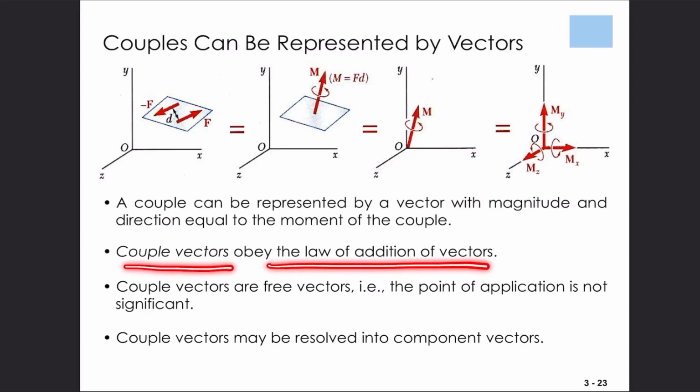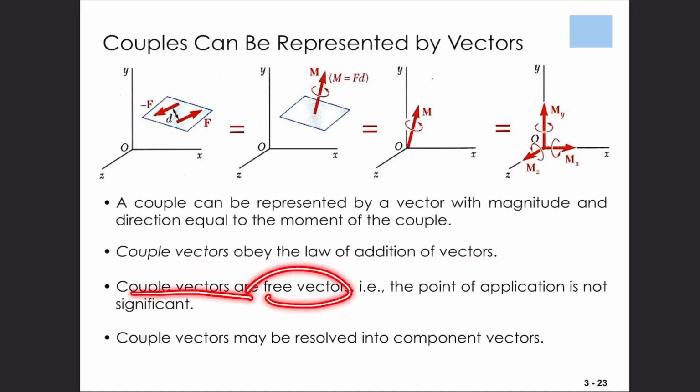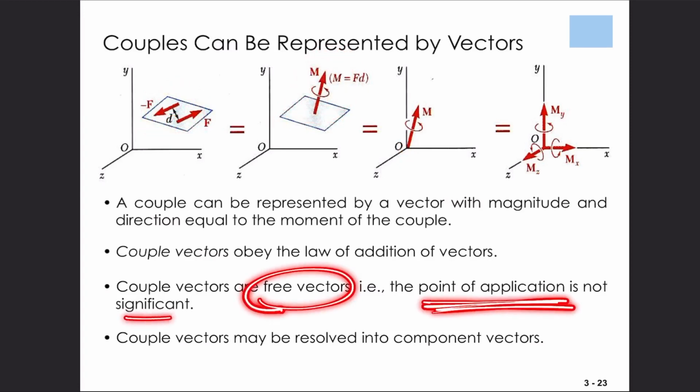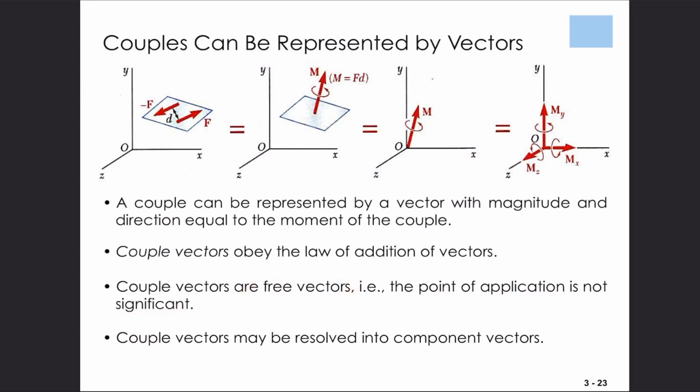Couple vectors obey the law of addition of vectors. Couple vectors are free vectors. Again, point of application is not significant. So if the moment has this direction, it can be applied at point O. It can be transferred, because they are free vectors, so it has no significance where you apply it or its point of application.